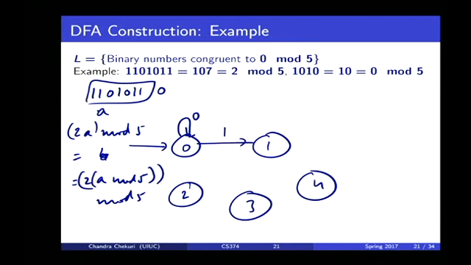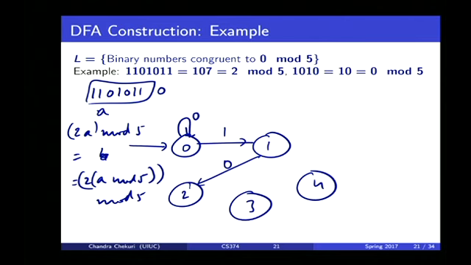Now what about from 1? If I am at 1, that means that so far the number I've seen has remainder 1 mod 5, right? And now I see a 0. What does it mean? So the number is some multiple of 5 plus 1, and now we multiply it by 2. So the remainder will be what? On 0 I get 2, right?